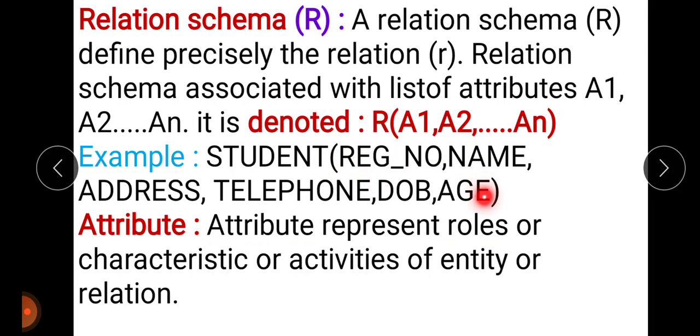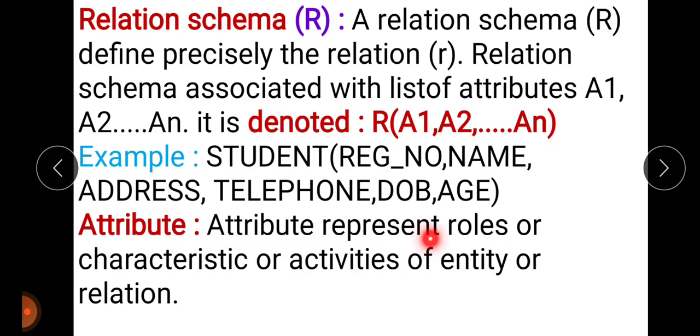These are all the attributes mentioned within the parentheses: register number, name, address, telephone, date of birth, age. Let us see how many attributes there are in the table: 1, 2, 3, 4, 5, 6. There are 6 attributes, so this relation schema has a degree of 6.